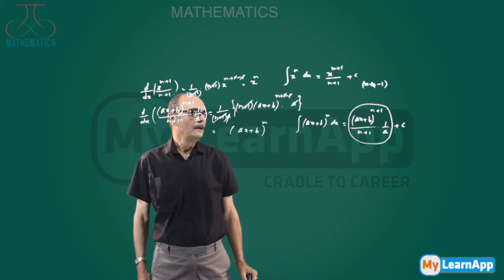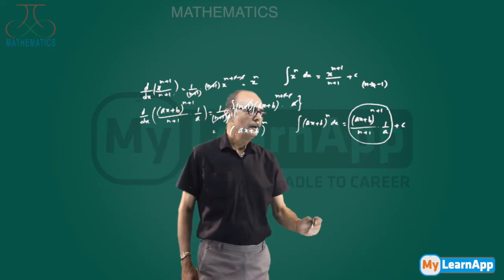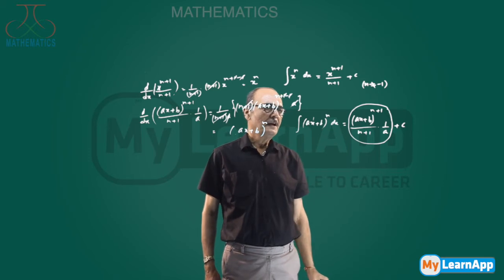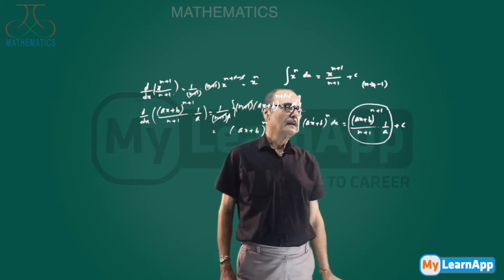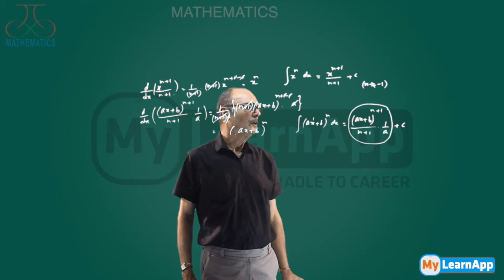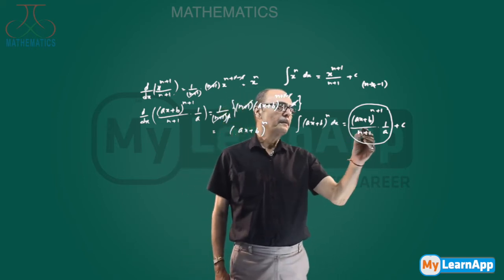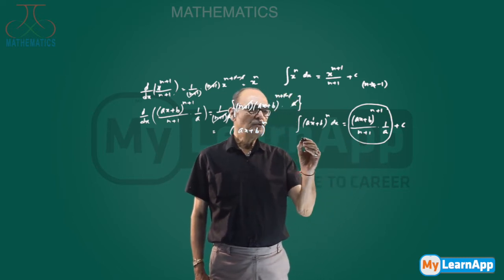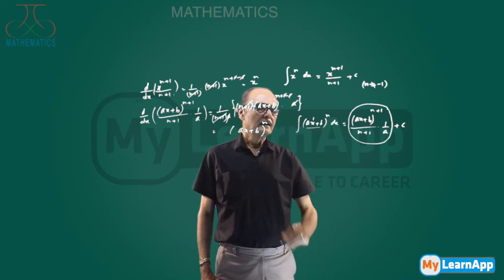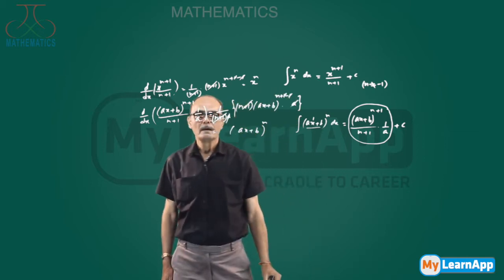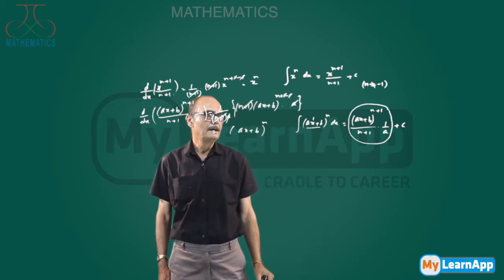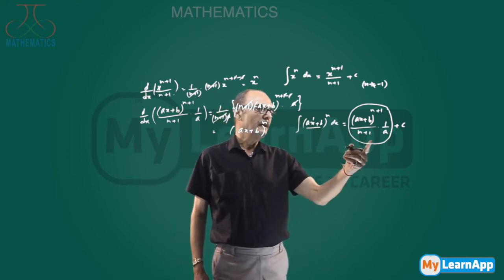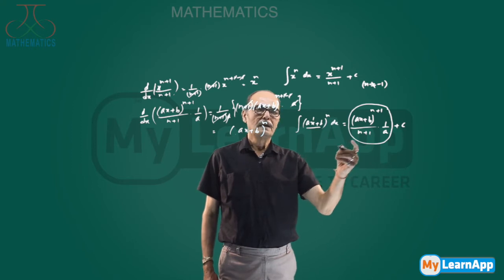So, if it is a linear function, that means the integral of ax plus b raised to power n dx equals ax plus b raised to power n plus 1 over n plus 1 times 1 by a. The stress is to be laid that this function ax plus b must be a linear function; then and there we can apply this formula.